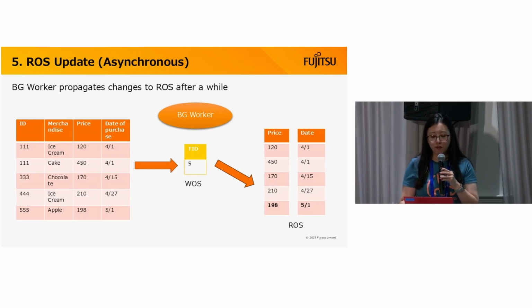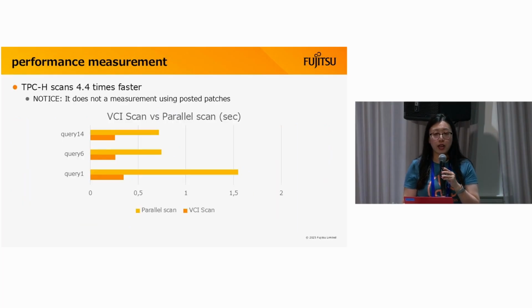Once the conversion to ROS is complete, the TID is removed from WOS. So far, I've explained how to create a VCI, insert into a table, and select using VCI.